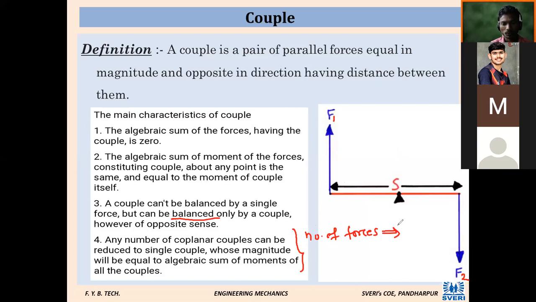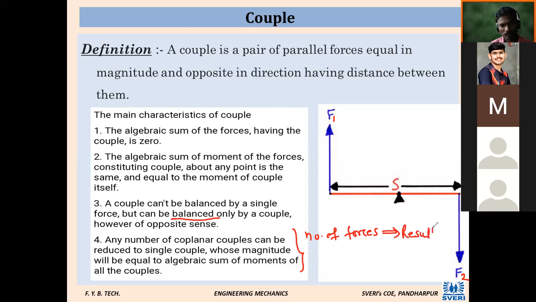What do we call that single force? If a number of forces are reduced to a single force, it is called the resultant force, or resultant. The same concept is here. A number of couples acting in a system can be reduced to one couple. Once we convert a number of forces into one, we call it a resultant.